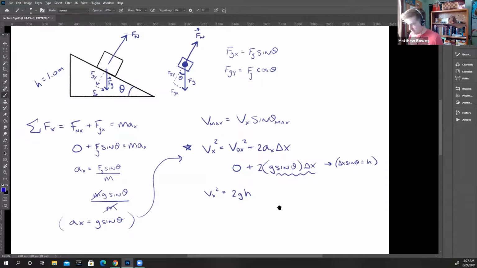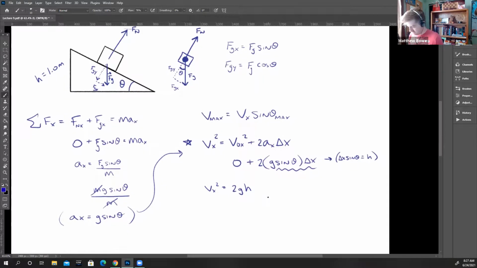And now this is where, let me take the square root first. v sub x is equal to the square root of 2g times h.